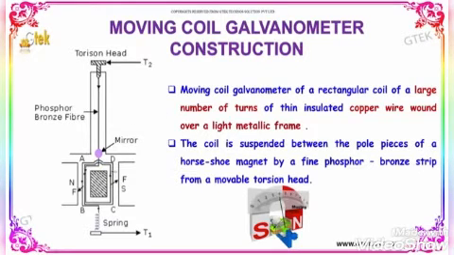The moving coil galvanometer consists of a rectangular coil of a large number of turns of thin insulated copper wire wound over a light metallic frame. The coil is suspended between the pole pieces of a horseshoe magnet by a fine phosphor bronze strip from a movable torsion head.